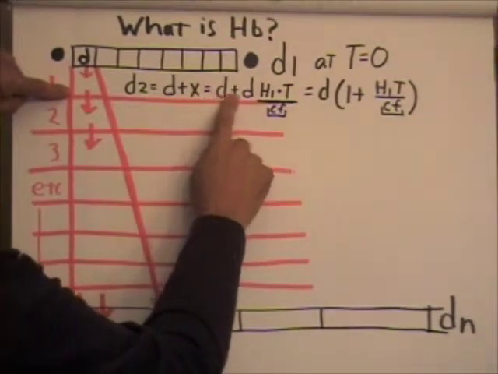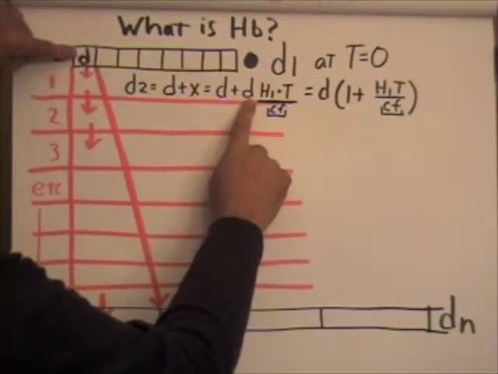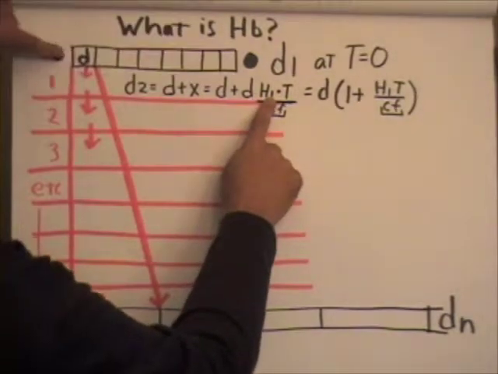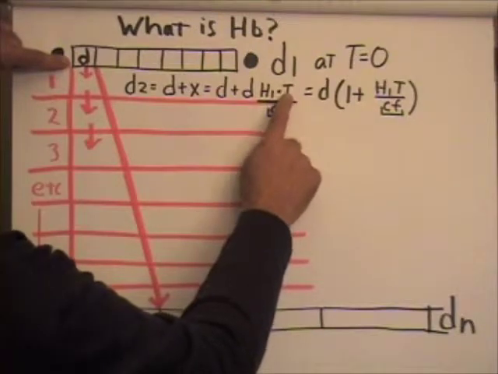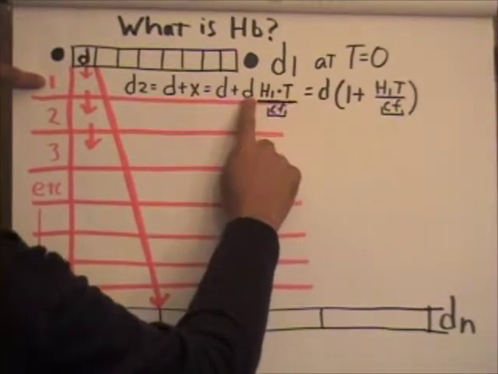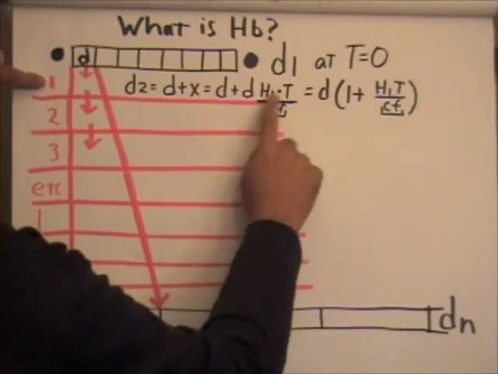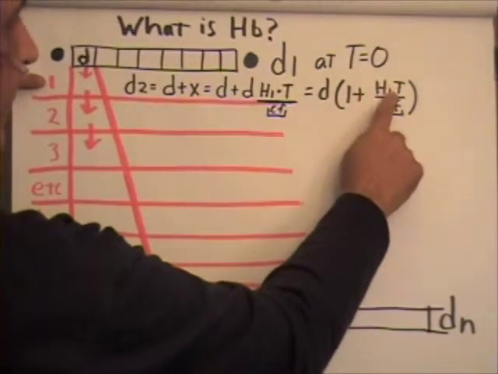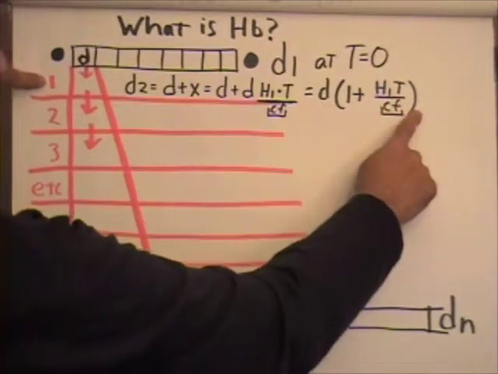And that equals d plus the expansion, which is the length d times h1, the Hubble constant at this point in time, times the number of seconds in this segment, 1, divided by the conversion factor. And this simplifies to d times 1 plus h1 times t over the conversion factor.